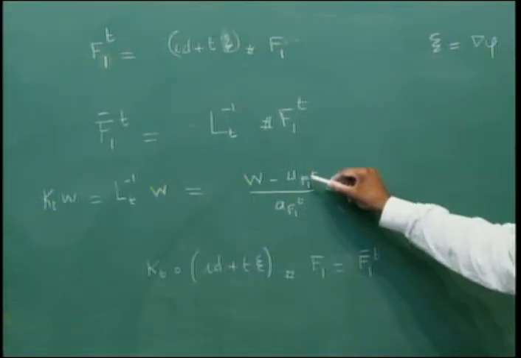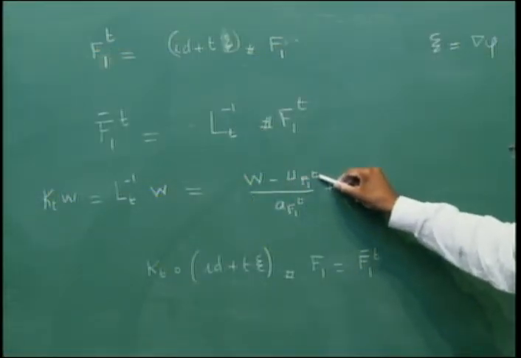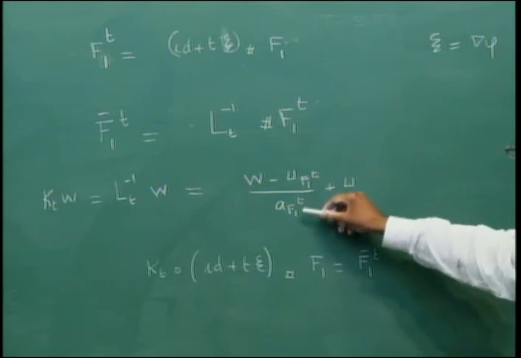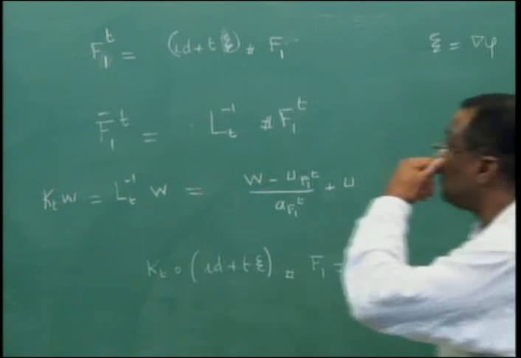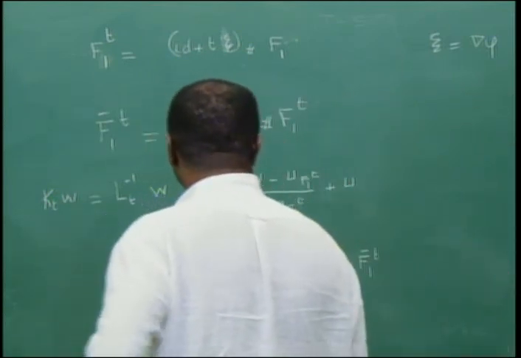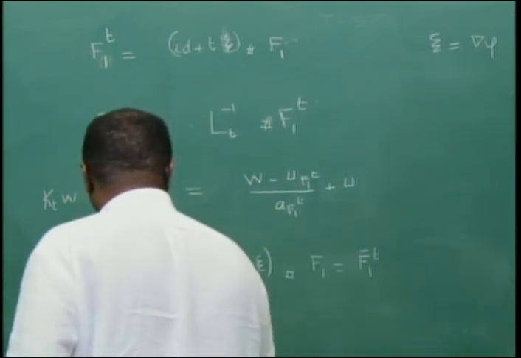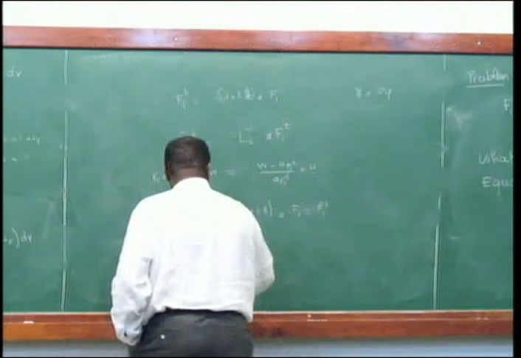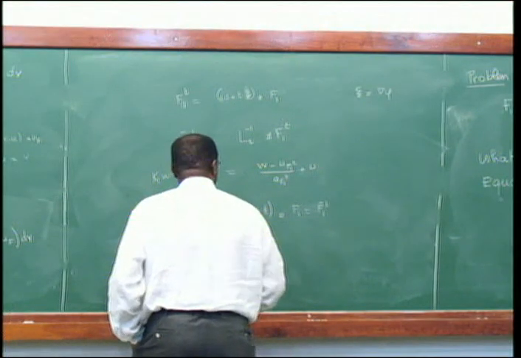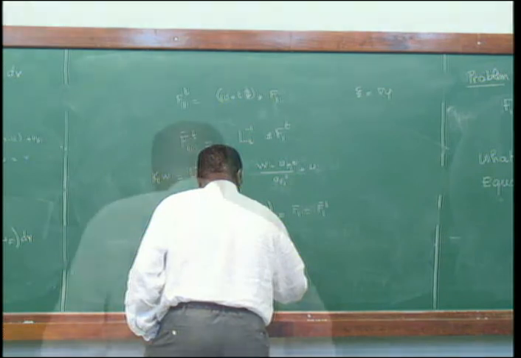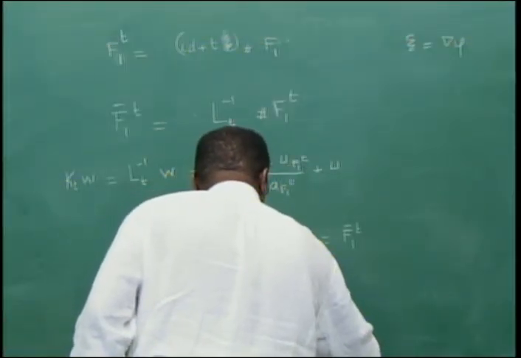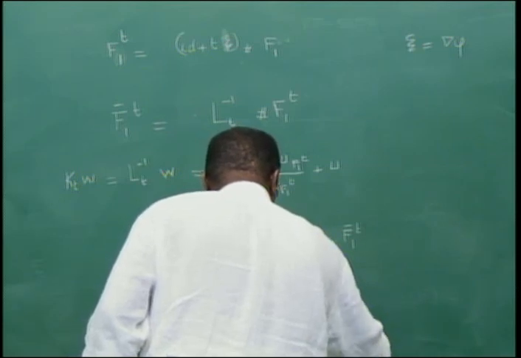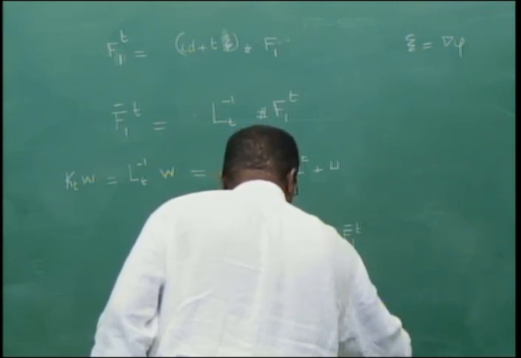It remains to compute the average of f and the standard deviation. But the average of f is easy. u_f1t is the integral over R^d of v f1t of v dv.